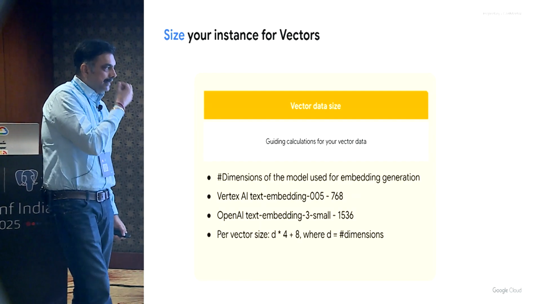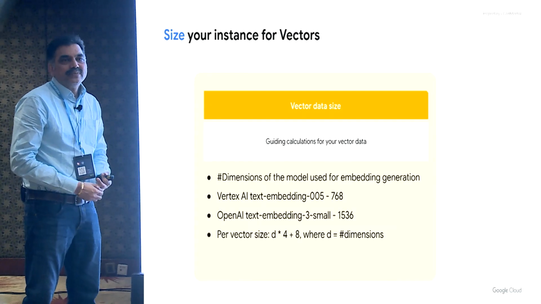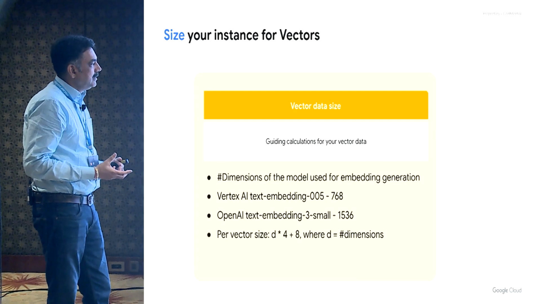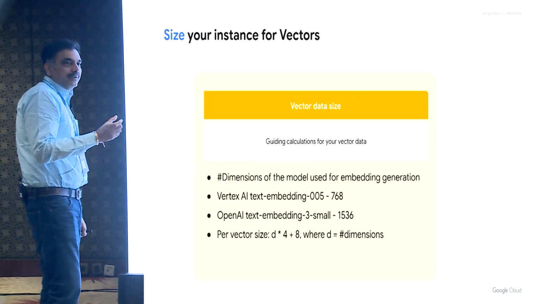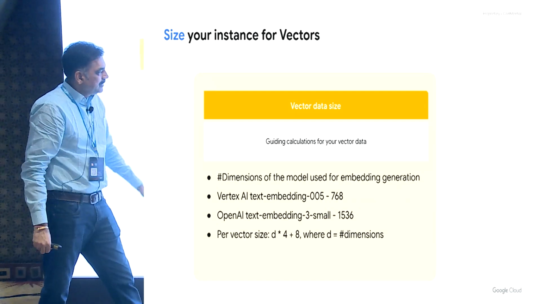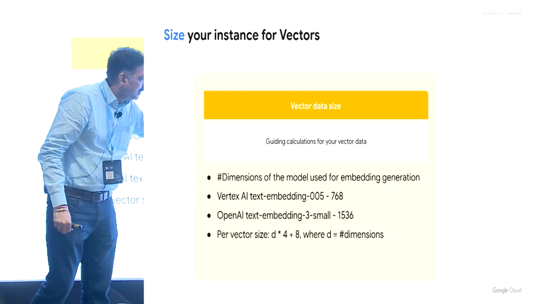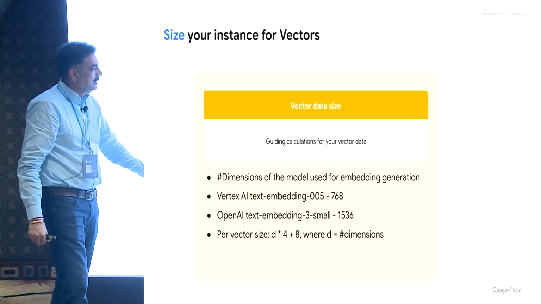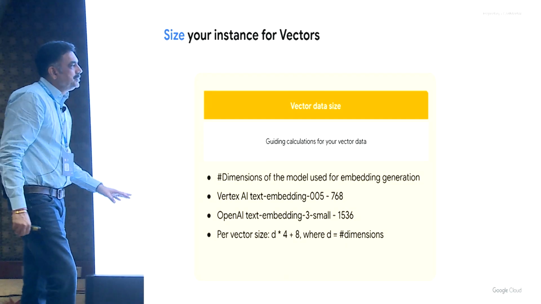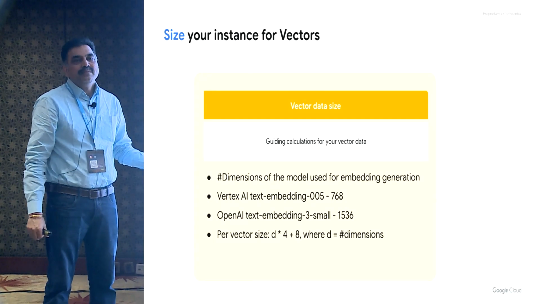Now, how do I size my database for vectors? When I generate an embedding, I use a particular model, right? You saw 005 in the previous slide, that will have 768 dimensions. You have the OpenAI model, which can have up to 1536. So our size will vary based on that.